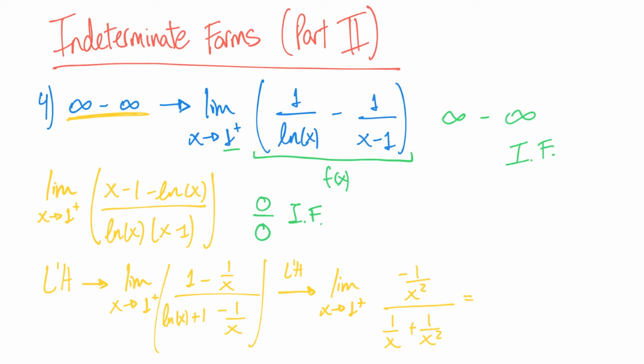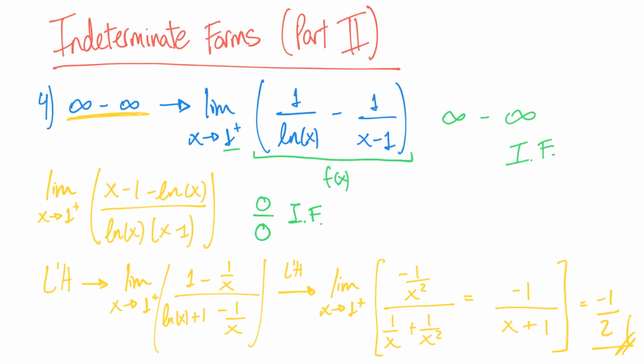I'm going to move things around a little bit, and eventually I'm going to end up with 1 over x plus 1, which is going to be equal to 1 over 2. So this is going to be our solution.